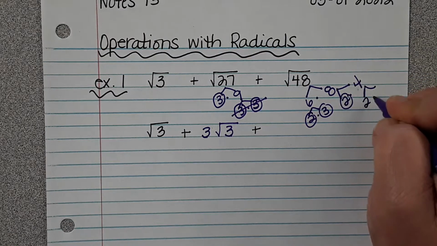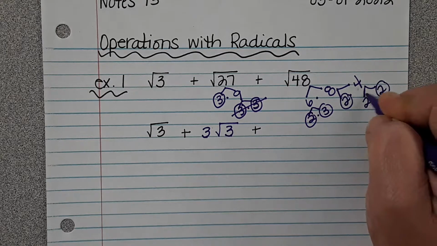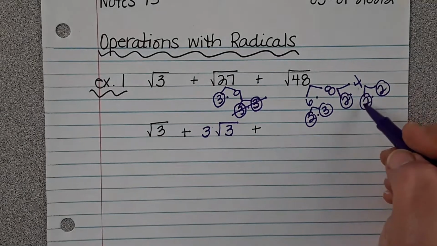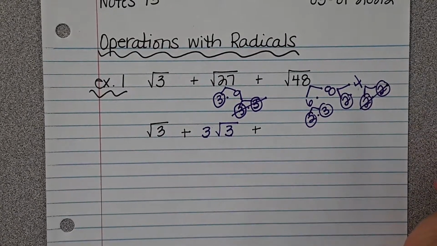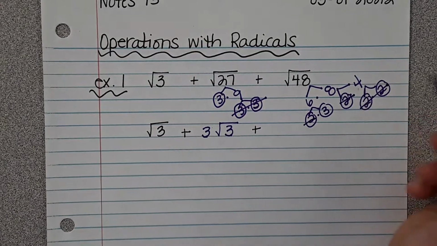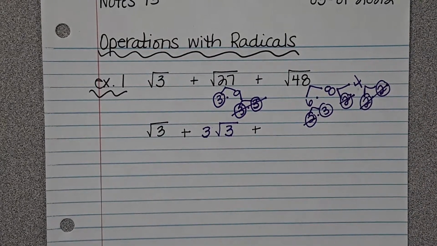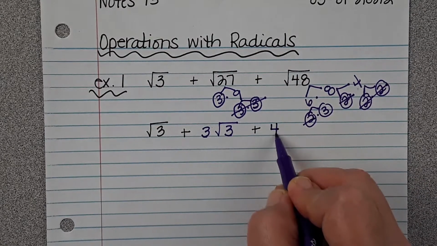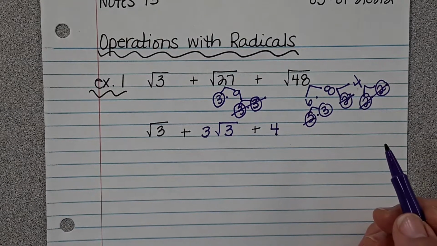And then 2 and 2. Do I have any pairs there? What do I have a pair of? Do I have another pair of 2s? So what do I do with those two pairs? And what is 2 times 2? And do I have anything left over that needs to go into the square root?